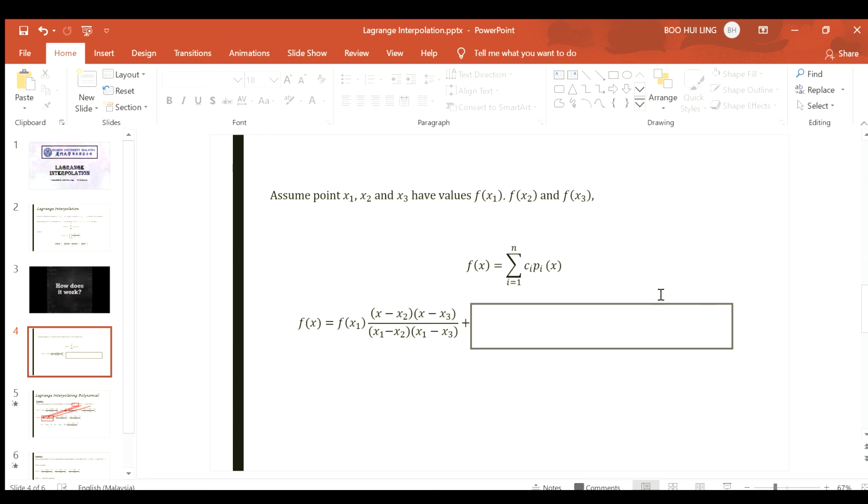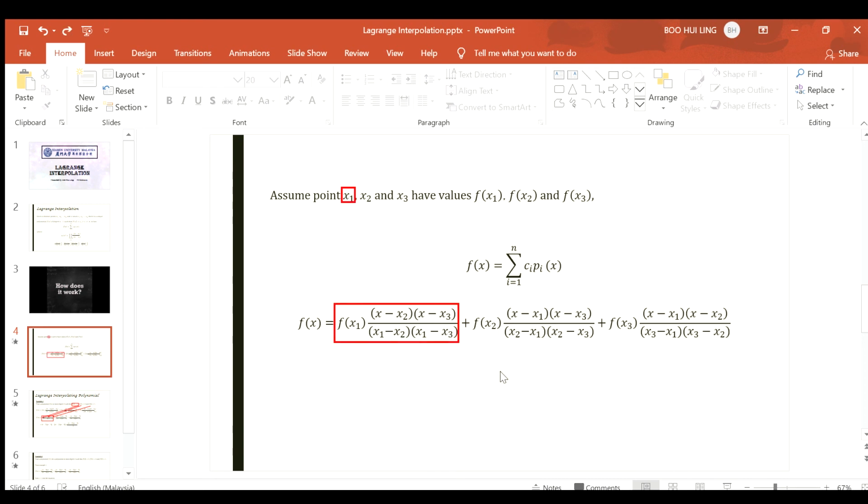First, we need to focus on the first part, which is this expression. So how can we form this first expression? It's very easy. Just take the value of the point that we take, which is x1 and which is f(x1), in front of the expression.